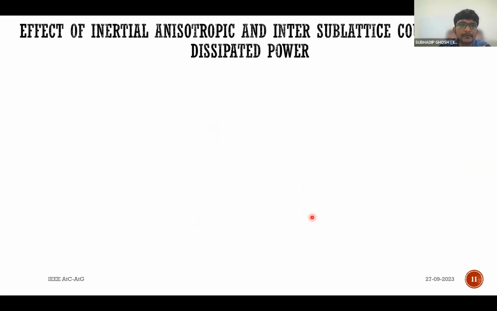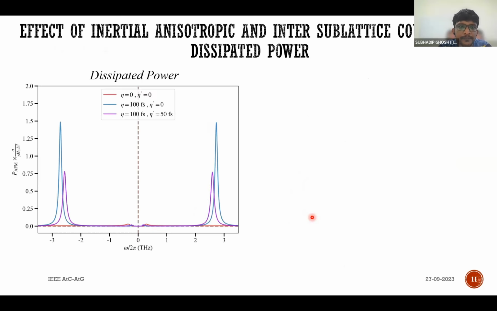So now I will show the effect of this anisotropic inertia and the sublattice coupling on the dissipated energy, which is quite similar to the response of susceptibility.